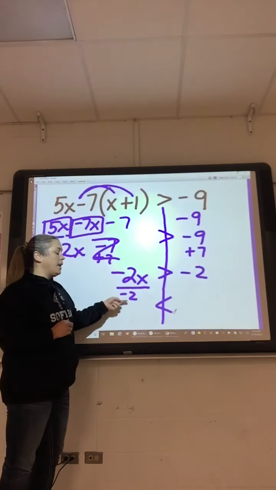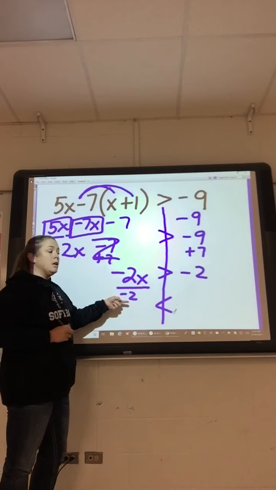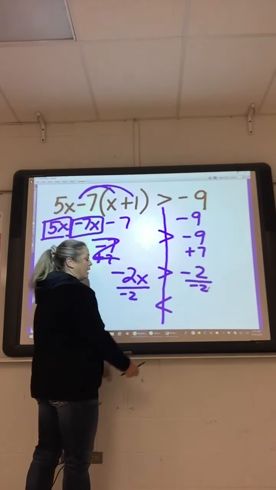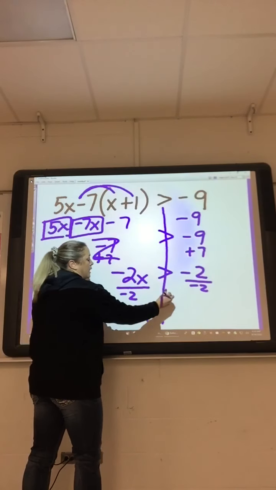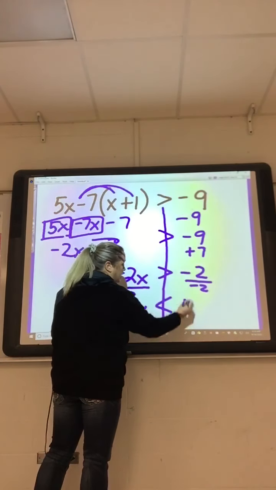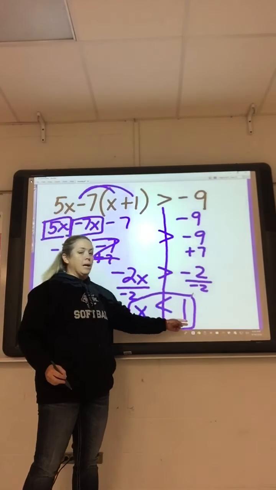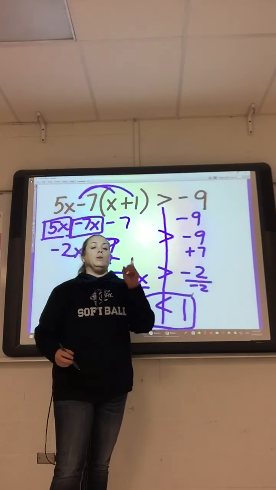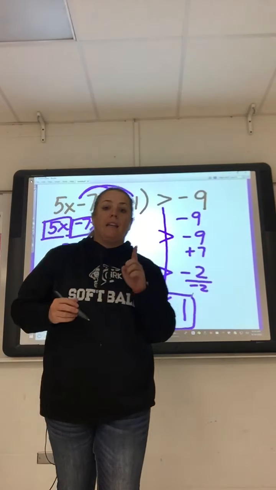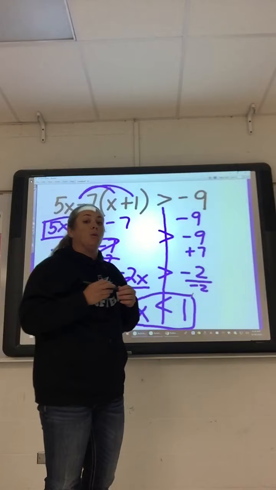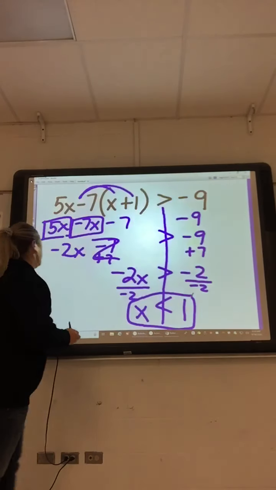So then you get x less than 1. X is less than 1. Again, when you divide both sides by a negative, you have to flip your inequality sign.